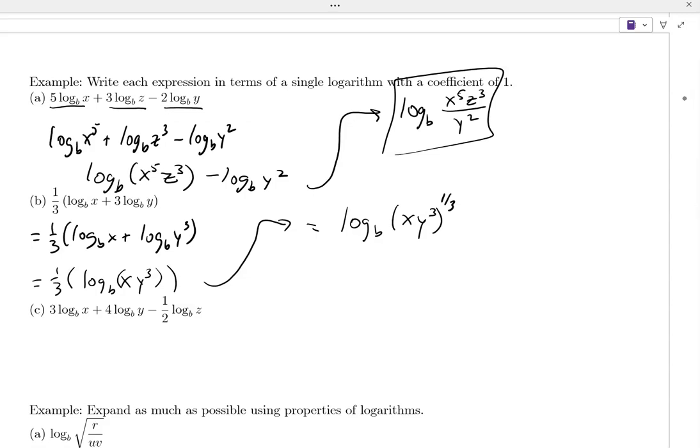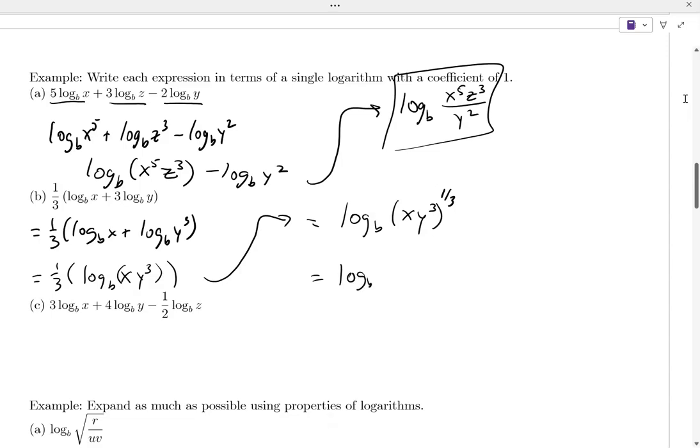And that's honestly good enough for our purposes, but if you really wanted to, since you've got a product on the inside, what can you do with this 1/3? Because it's multiplied on the inside. I could distribute it to each piece, right, if you really wanted to.